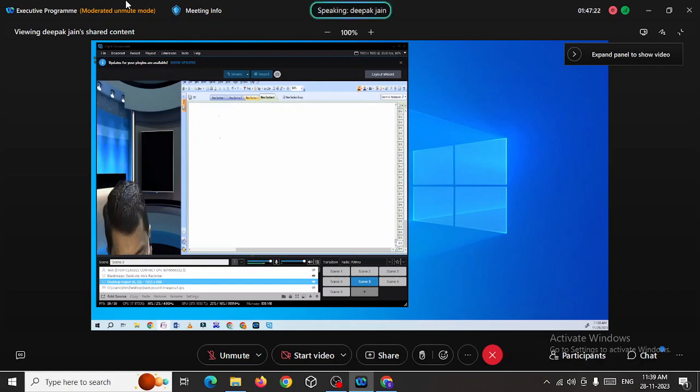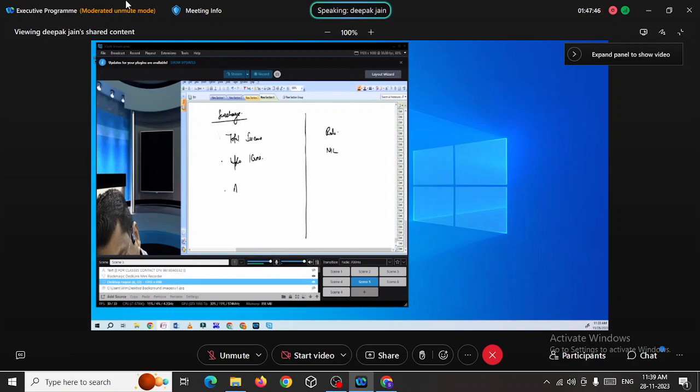After tax, you have to pay surcharge. Any idea what is the rate of surcharge? It depends upon total income. Total income up to 1 crore, no surcharge.